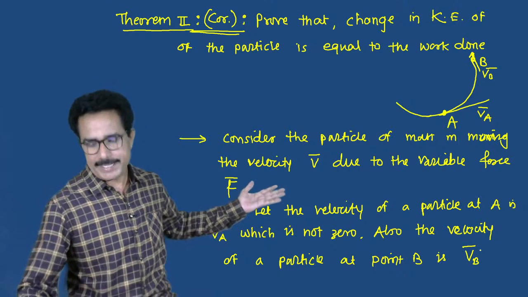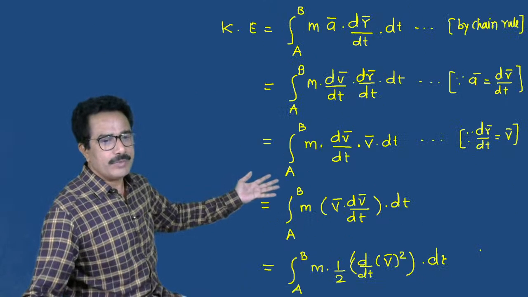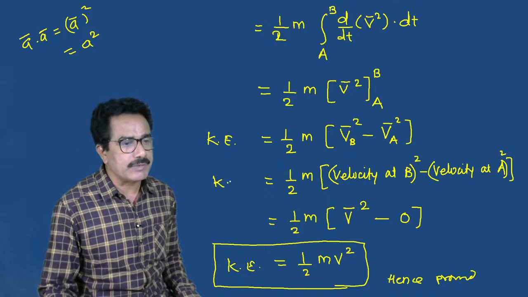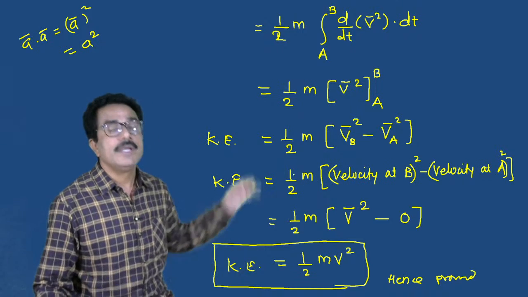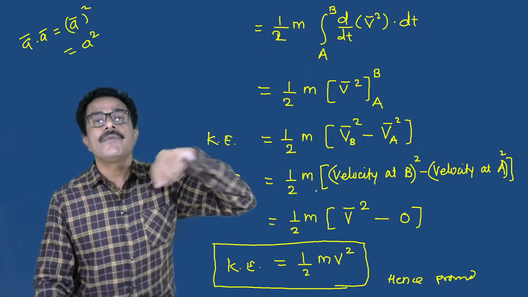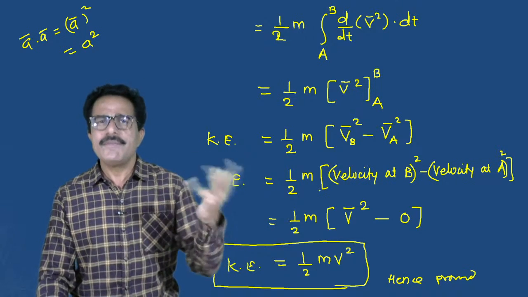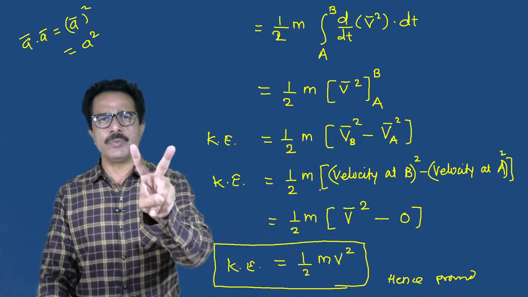Now we know that, we have proved the relation. What we have proved? The kinetic energy of a particle is equal to 1 by 2 m into the velocity at a point B minus the velocity at a point A, where A and B are any 2 points.